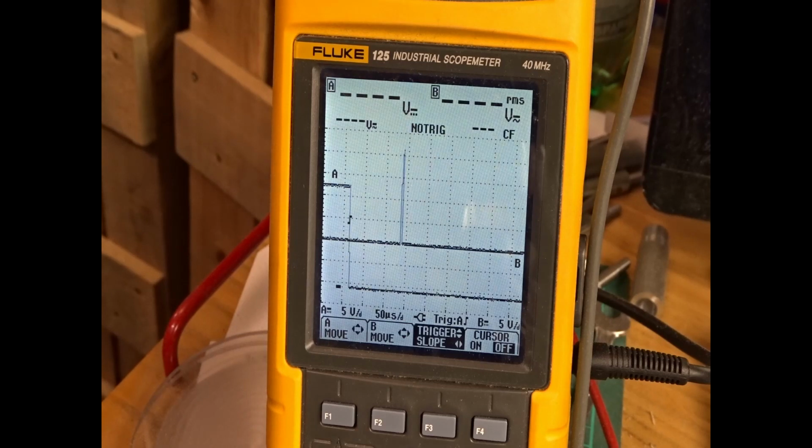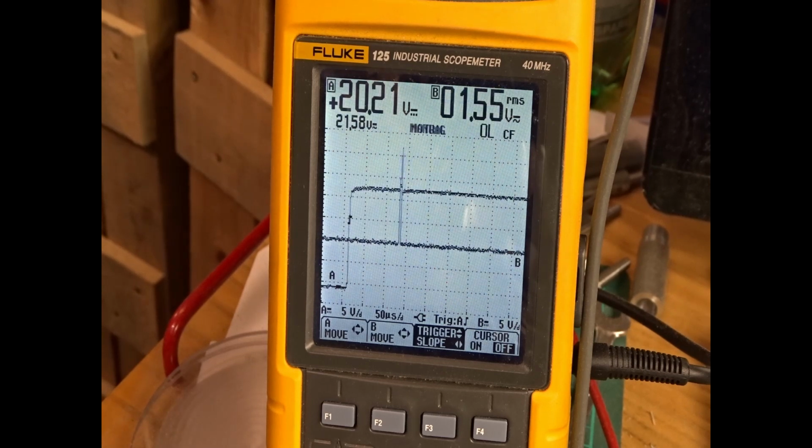I'll swap the trigger to the opposite slope. And there it's 120 microseconds more or less. So I'm triggering on a direction change.